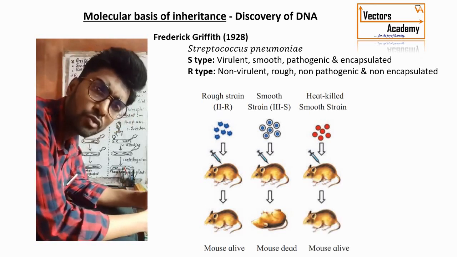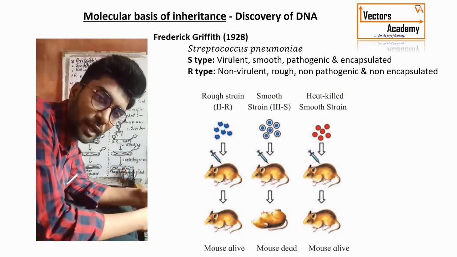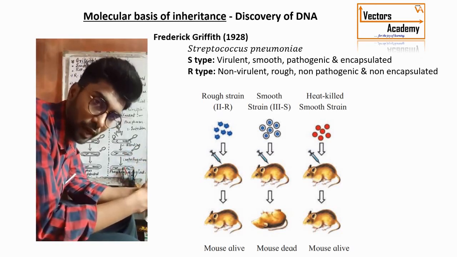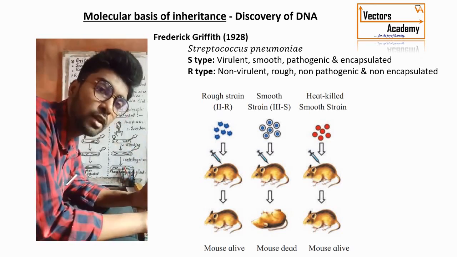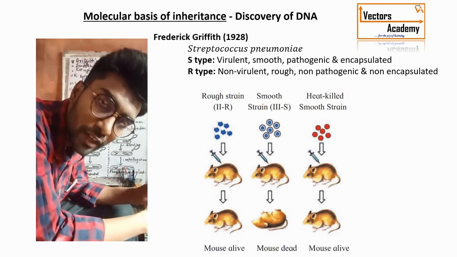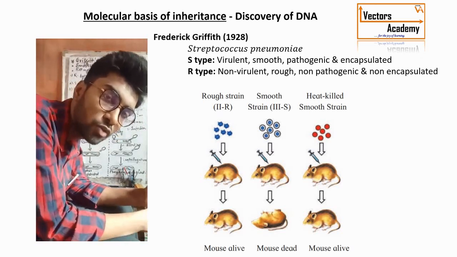Now why did this mice not develop pneumonia? Because the pathogenicity of the S type bacteria was destroyed due to the heating, and when it was injected into the mice, the mice did not develop pneumonia and was alive.